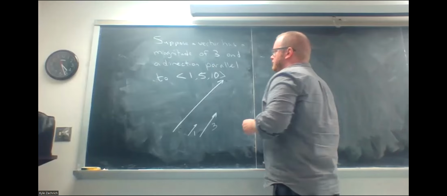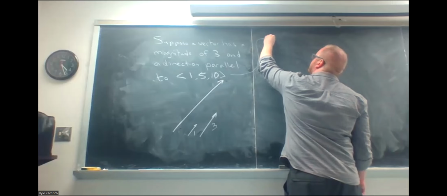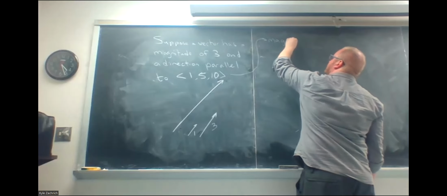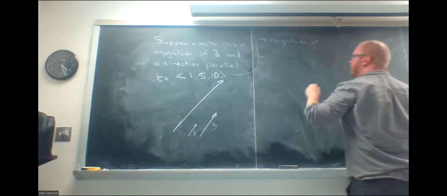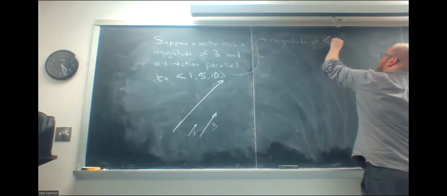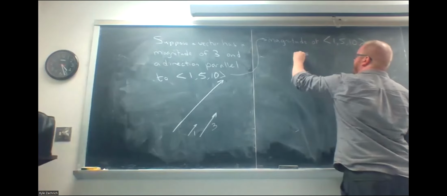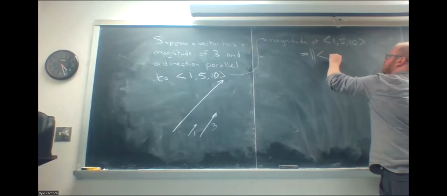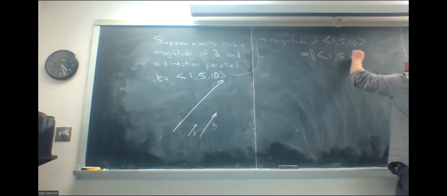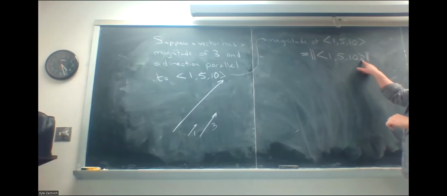Okay, so figuring out the magnitude of this one. If we want the magnitude of 1, 5, 10, we use this notation, these double lines, to talk about the magnitude of that vector.